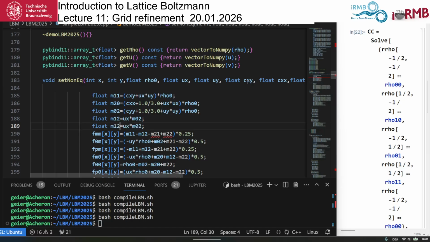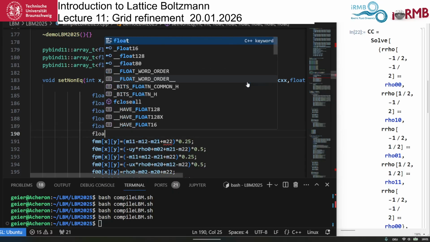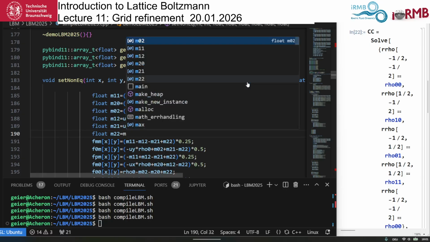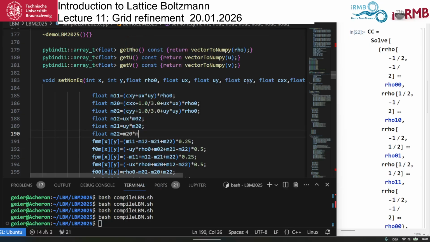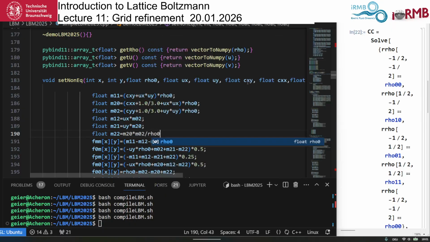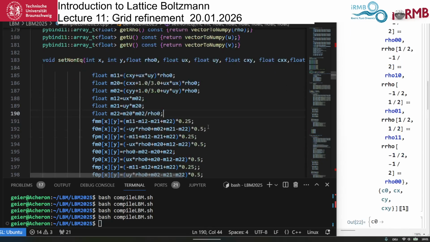So y0 and n2 to divided by rho 0. Like this. Okay.